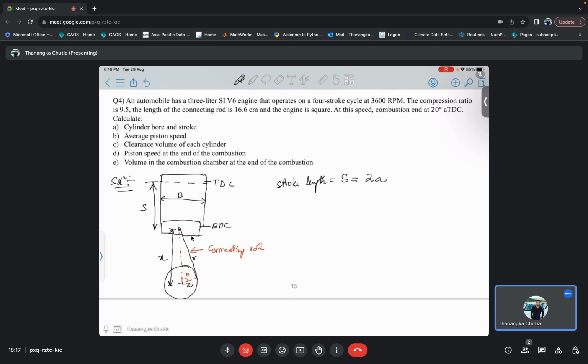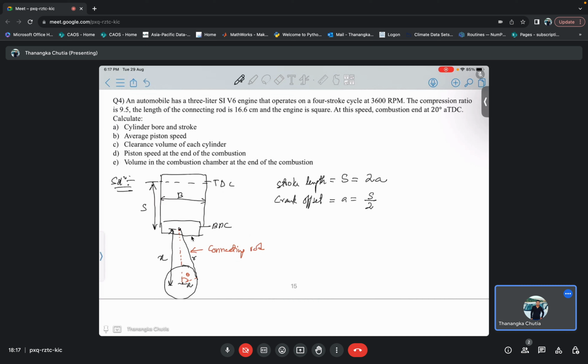Because whatever the radius of this crank will be, the stroke is 2 times that. So this A is called crank offset, and this is equal to S by 2.